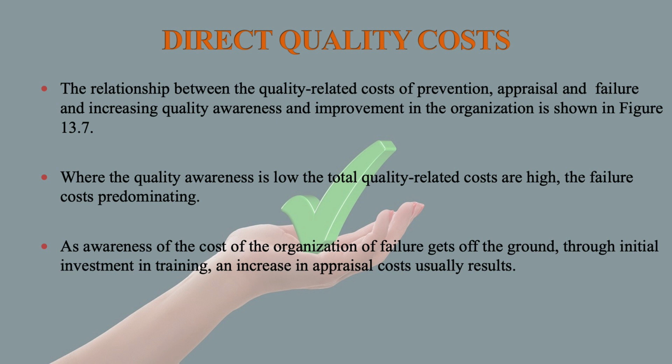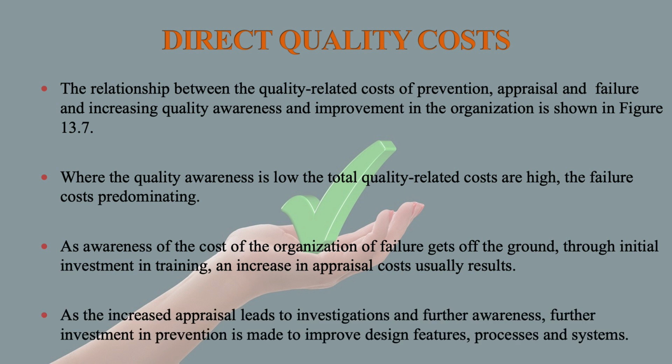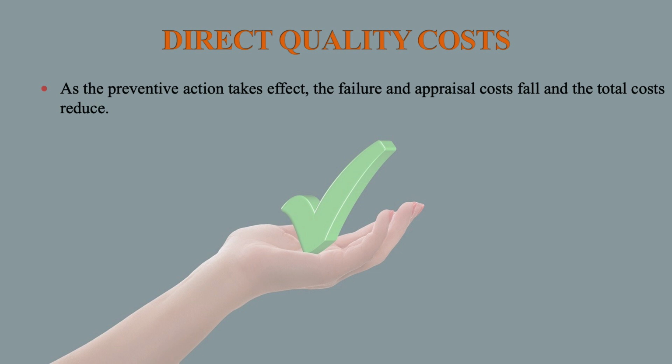An increase in appraisal cost usually results, as the increased appraisal leads to investigation and further awareness. Further investment in prevention is made to improve design features, processes and systems. As the preventive action takes effect, the failure and appraisal costs fall and the total cost reduces.